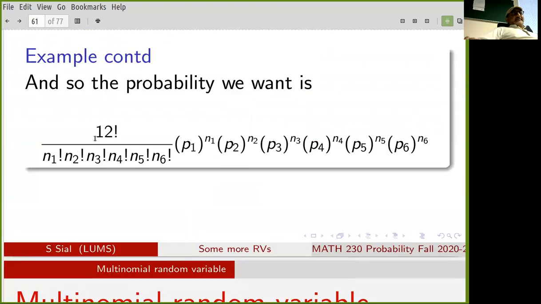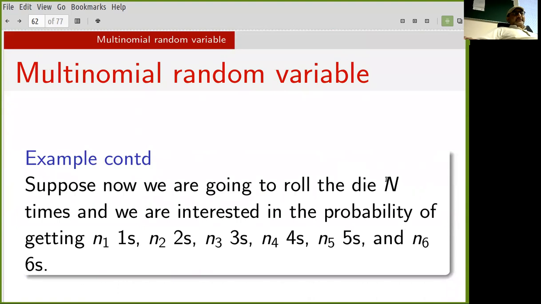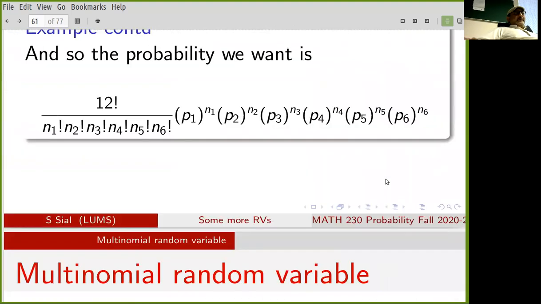Now let's say instead of 12 rolls, we had capital N rolls. Then what would happen?